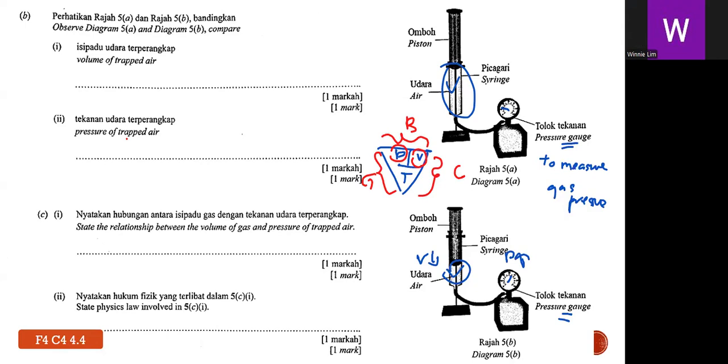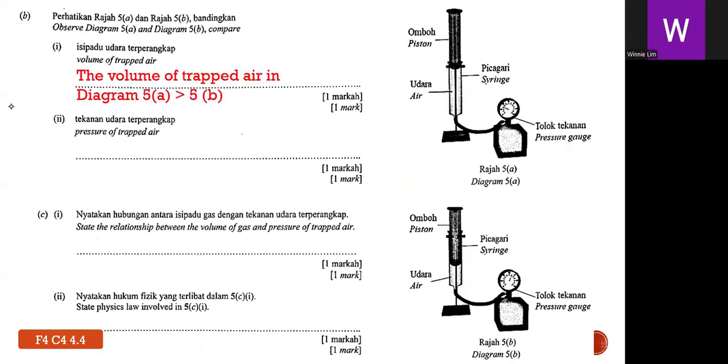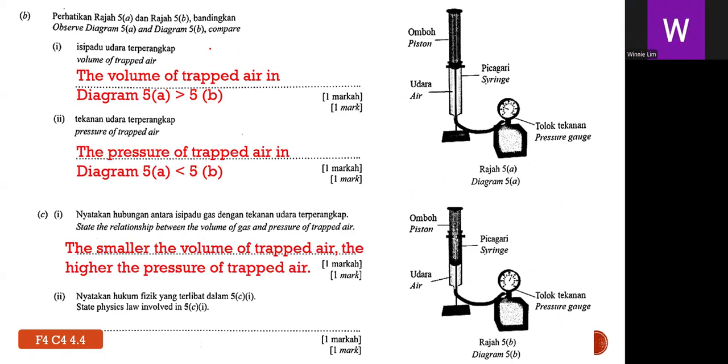So these are the correct ideas: the volume of trapped air, 5A more than 5B. Pressure of trapped air, 5A less than 5B. Relationship: the smaller the volume, the higher the pressure. And lastly, what is the law involved? Boyle's law. Make sure your spelling is correct: B-O-Y-L-E apostrophe S, then law.